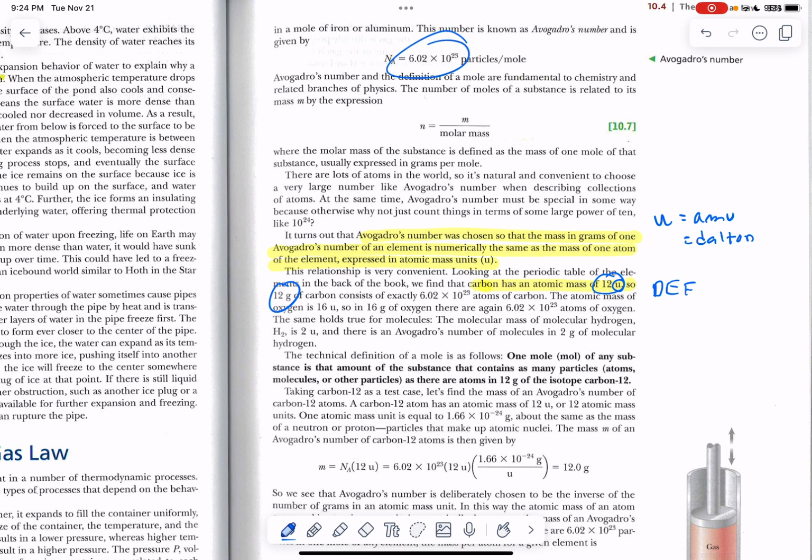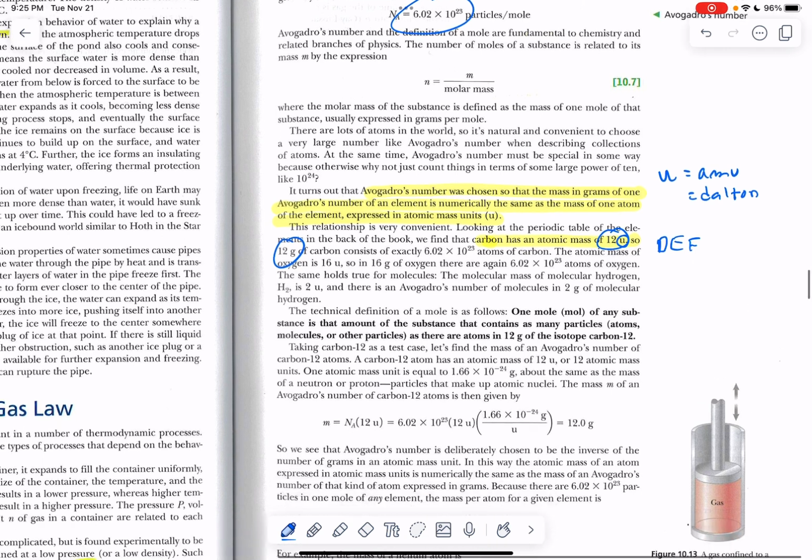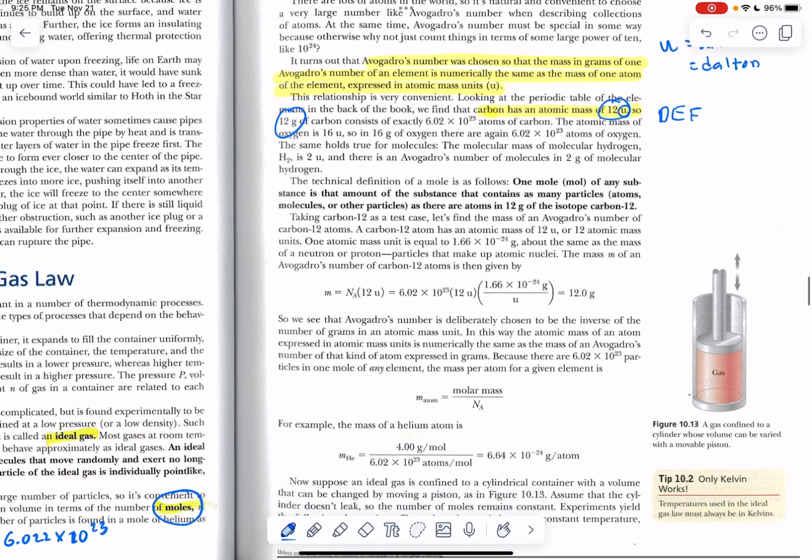And you pick any element on the periodic table, and its mass number, we could talk about the atomic mass of oxygen, 16. 16 grams would have Avogadro's number of particles. 1 gram of hydrogen would have Avogadro's number of particles. 238 for uranium would have Avogadro's number of particles. And that's pretty much a review.